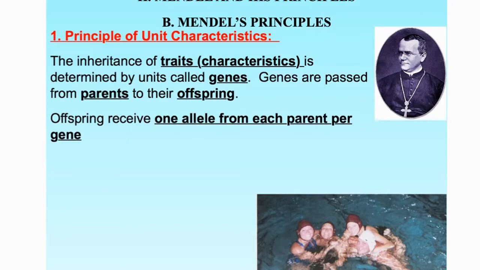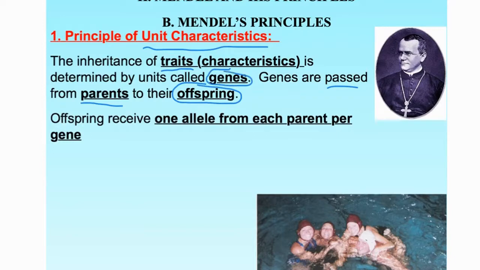All right, now we'll go over Mendel's four basic principles, which you'll need to know. The first one's pretty obvious. It's called the Principle of Unit Characteristics. Basically that means that all of your traits, the physical and behavioral traits that make you who you are, skin color, hair color, eye color, whatever, are passed down from parents to their offspring. And they're passed down through units called genes or alleles.